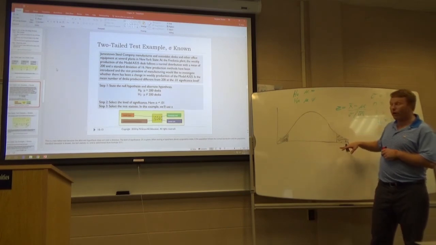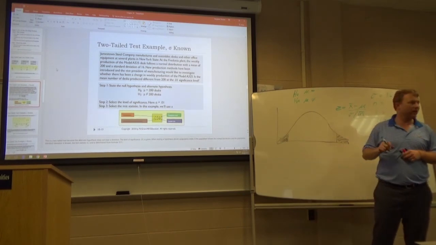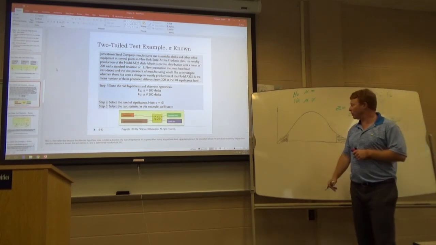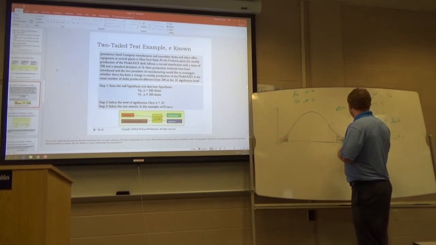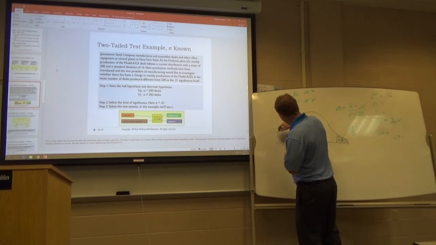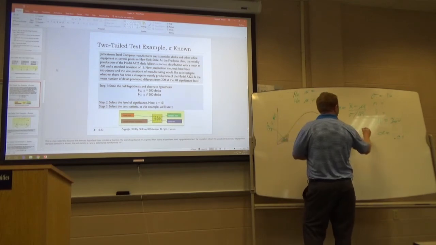So if our alpha is 0.01, the alpha is the shaded area, isn't it? So what do we have to do with that 0.01? We've got to divide it in two, don't we? So this is alpha over 2, and this is alpha over 2, which equals what? 0.005, isn't it?